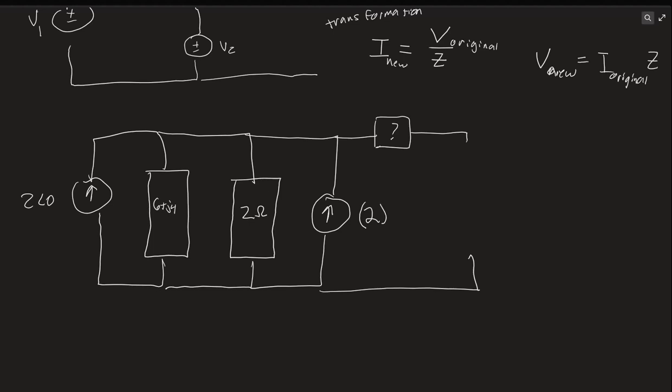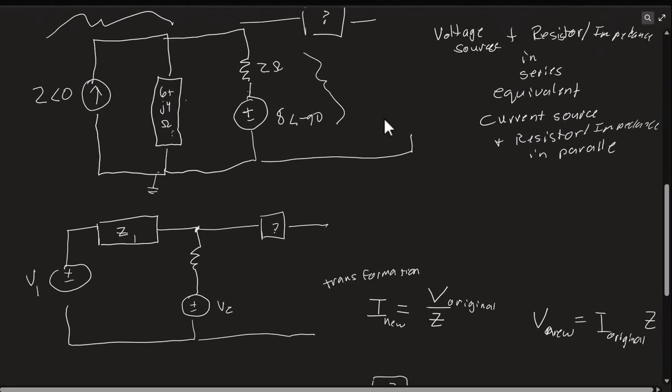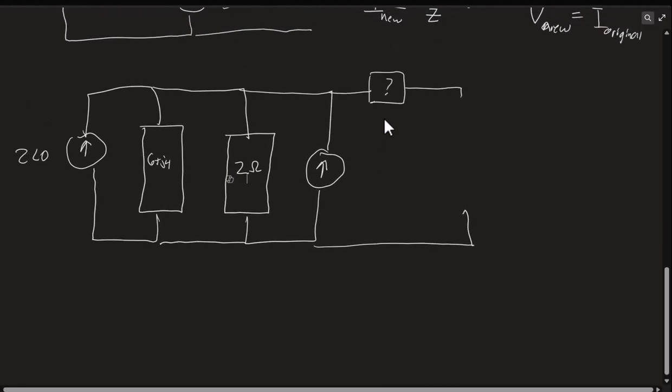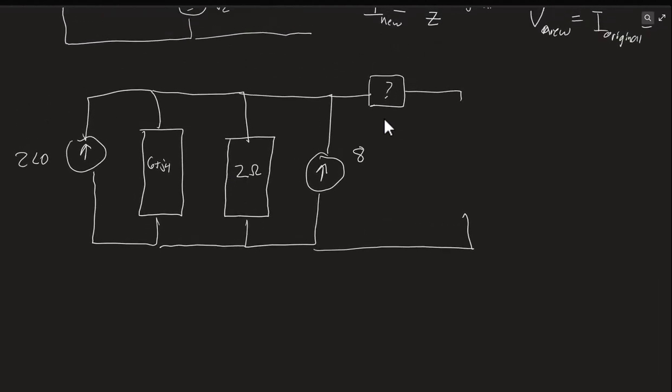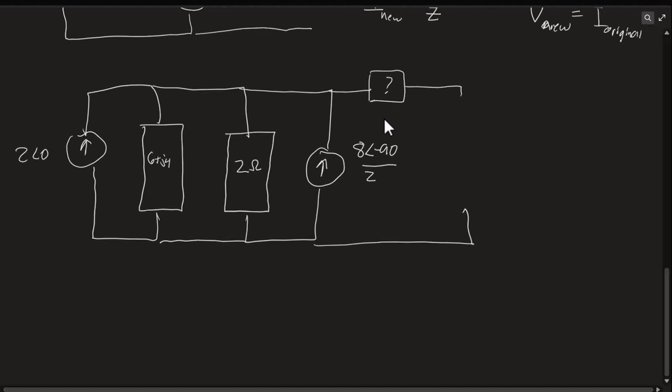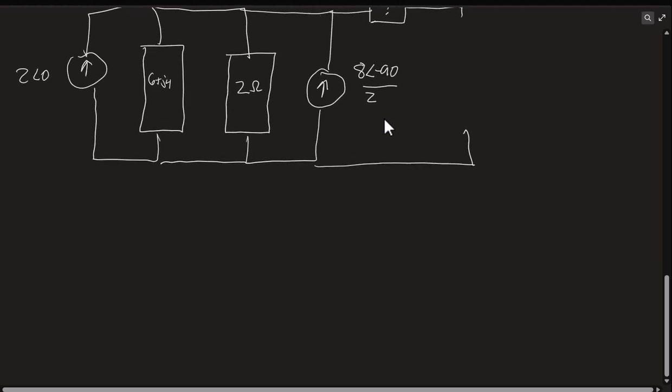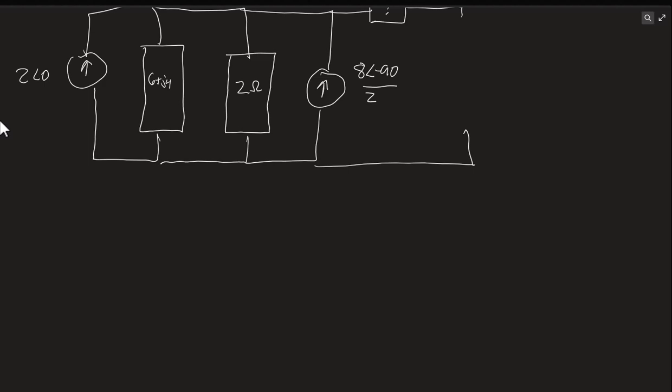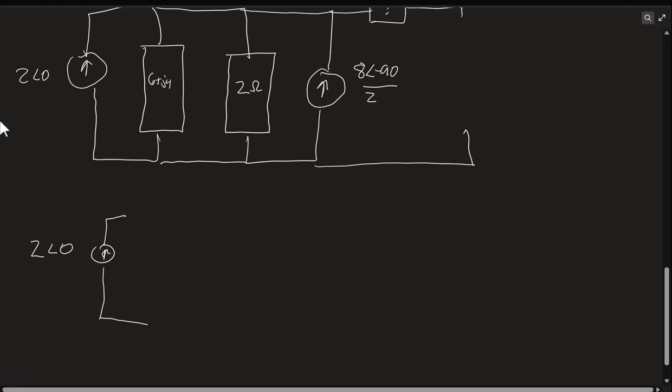No, what was the voltage? It was 8 angle minus 90. Yes. And then divided by 2. And when you have things in parallel, there's nothing special about the order that they're in.